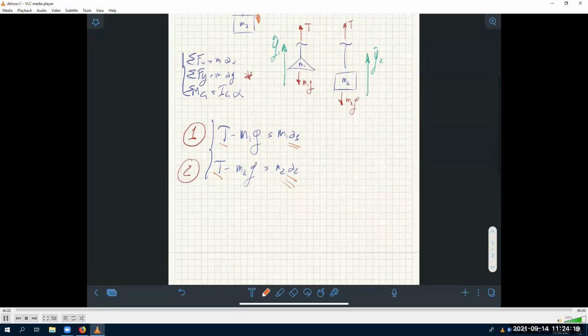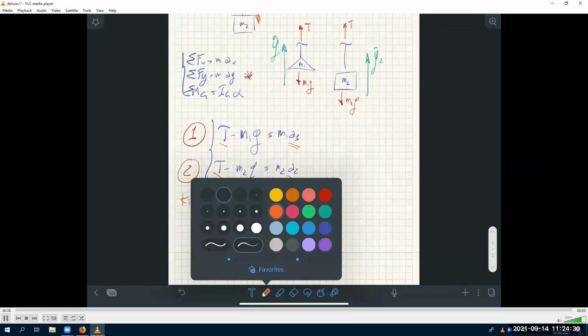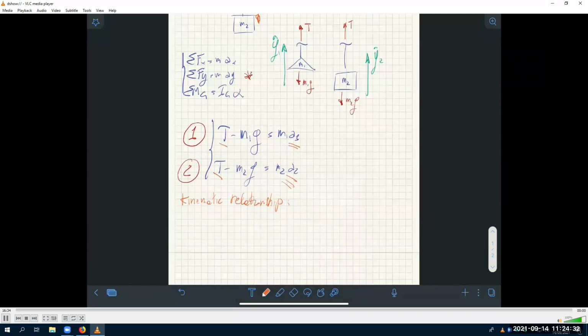So, the kinematic relationship says that the displacement of 1 is equal and opposite to the displacement of 2. Do you agree with this? S1, the displacement of 1, is equal but opposite to the displacement of 2.